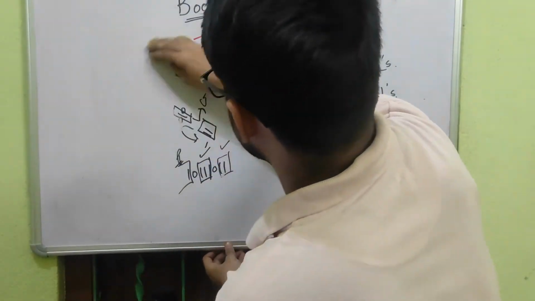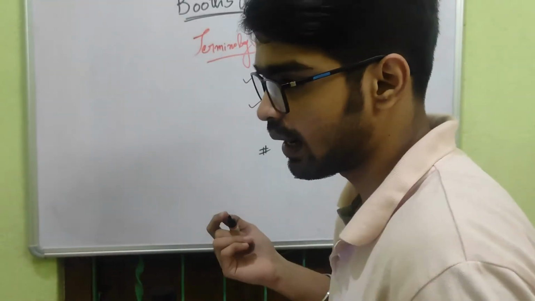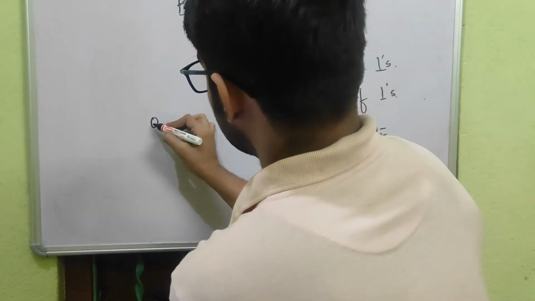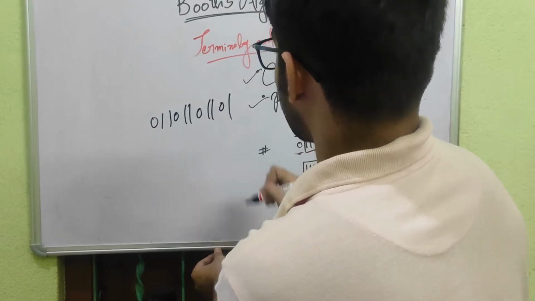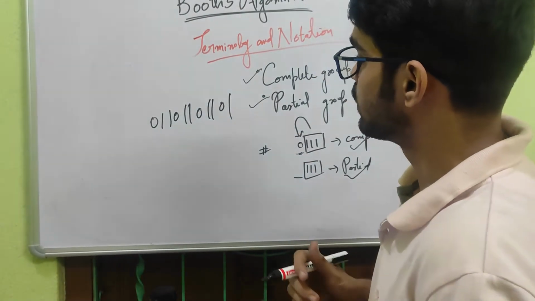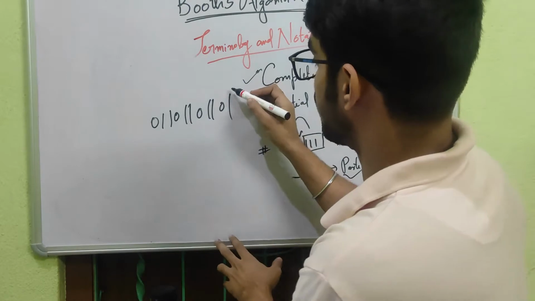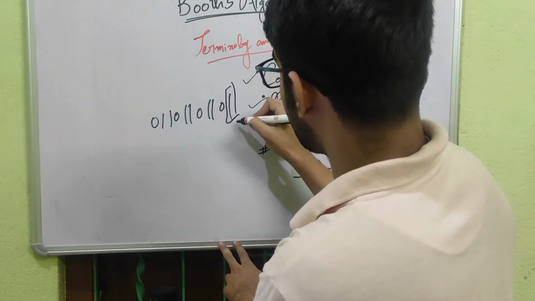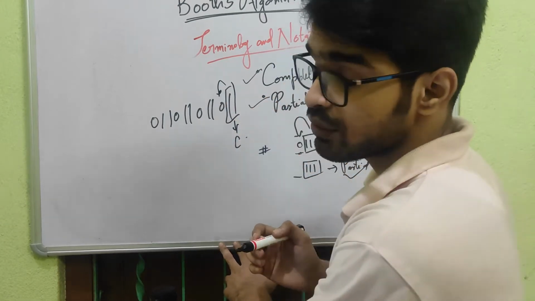I'll just clean this off. I'll add another string, anything, say 0 1 1 0 1 1 0 1 1 0 1, right? This seems good. Look at the blocks of ones we have. This one, which is just a single one, could be counted as a complete group because we have a 0 to its left.